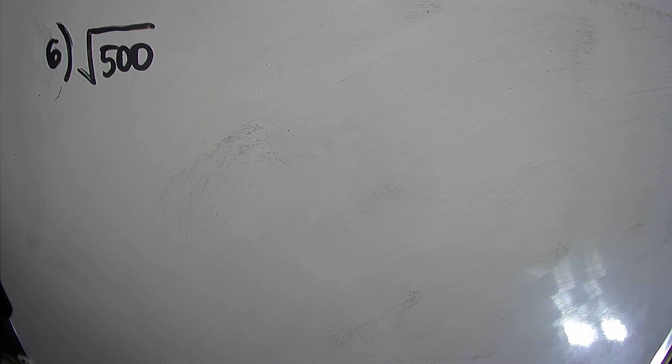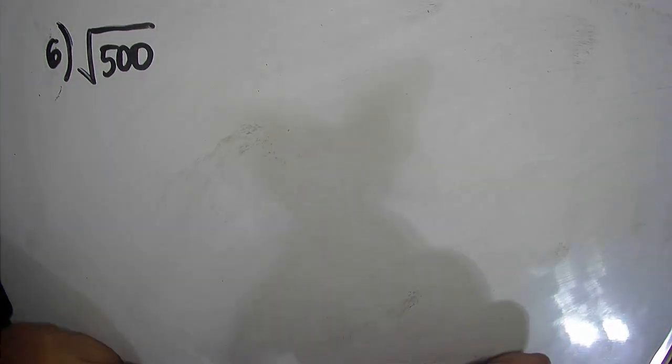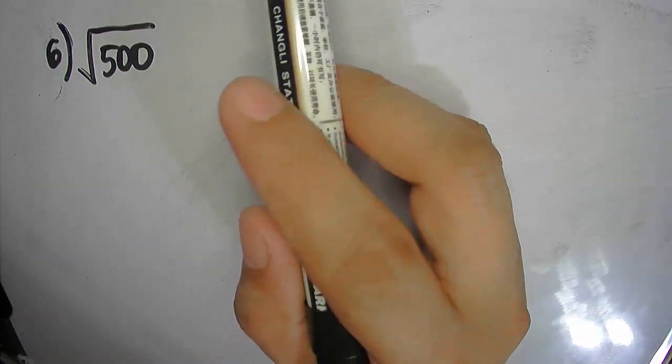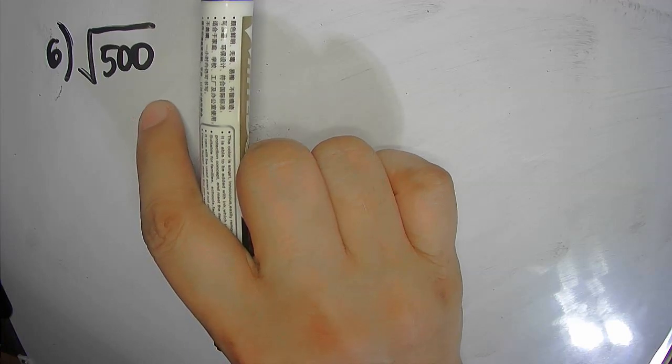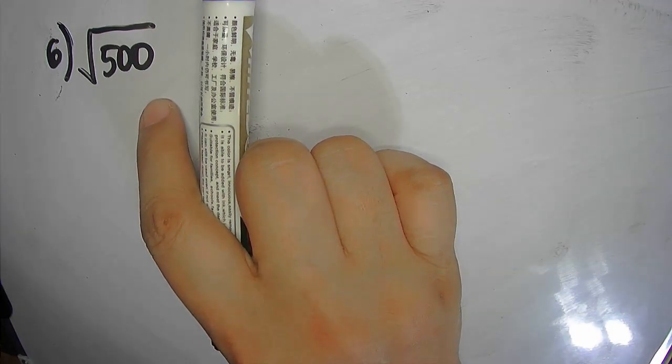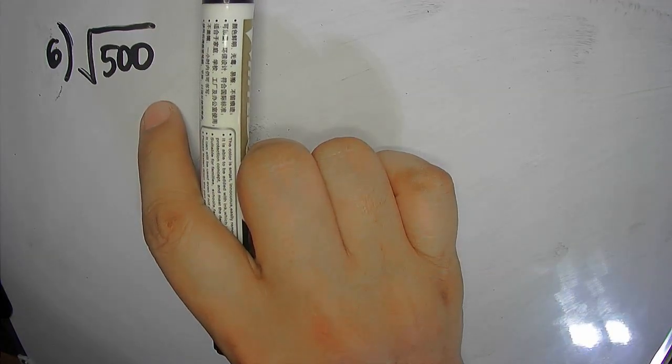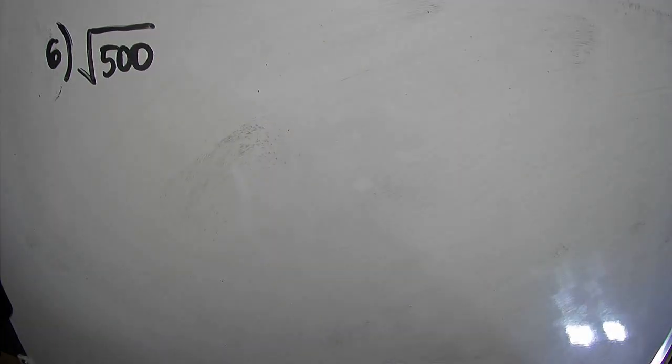Yung last example natin ay yung square root of 500. Okay? Yung square root of 500, saan natin ito makikita? Pag medyo malalaking numbers na, medyo may kahirapan na siya, no? So, 500. Pag sinubukan kasi natin yung 20 squared, so it's only 400.